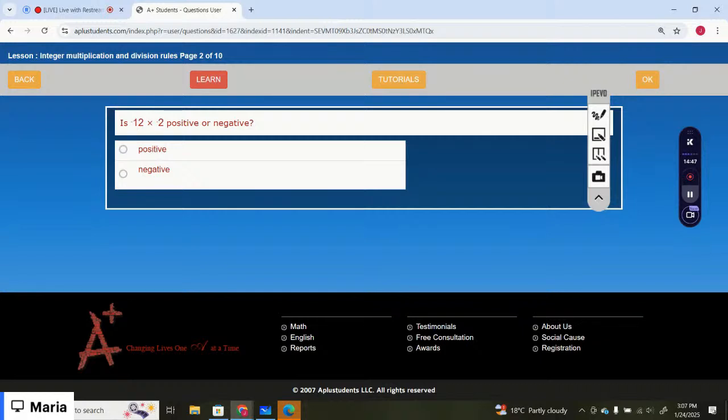Is negative 12 multiplied by negative 2 positive or negative? Both the numbers have the same sign, so the answer is positive.